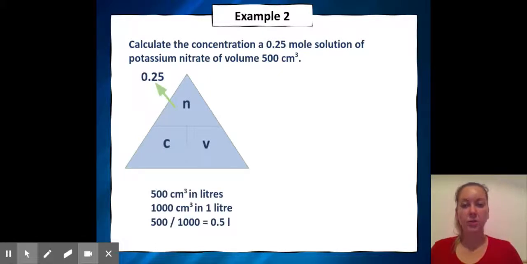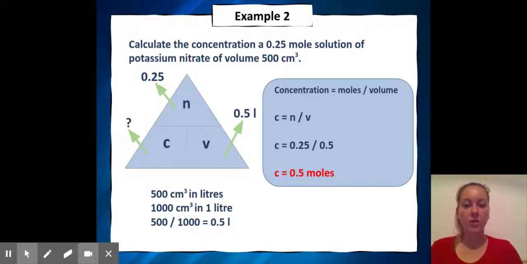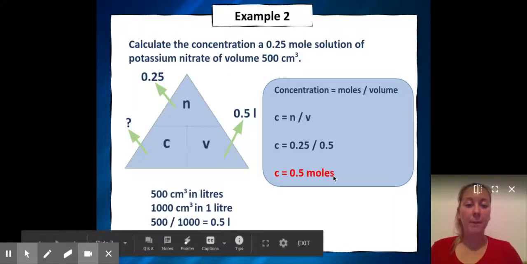So we have 0.25 as our number of moles, 500 centimetres cubed in litres. Remember, we divide by 1,000. So we have 0.5 litres. Concentration equals n divided by v. 0.25 divided by 0.5 ends up with a concentration of 0.5 moles per litre.